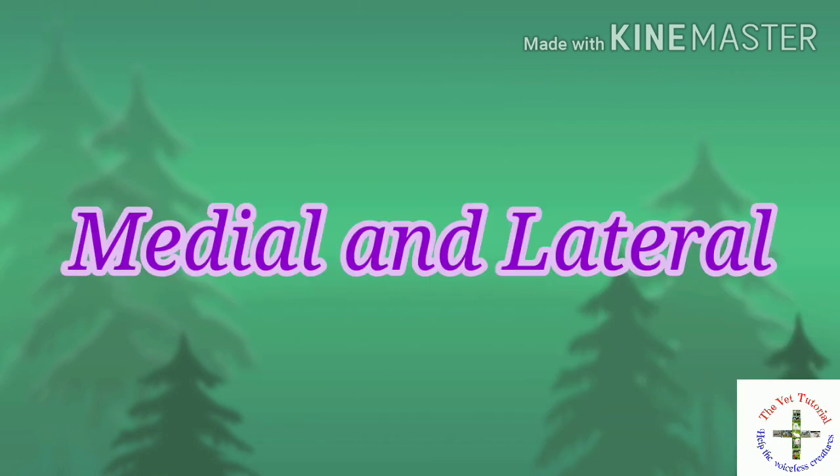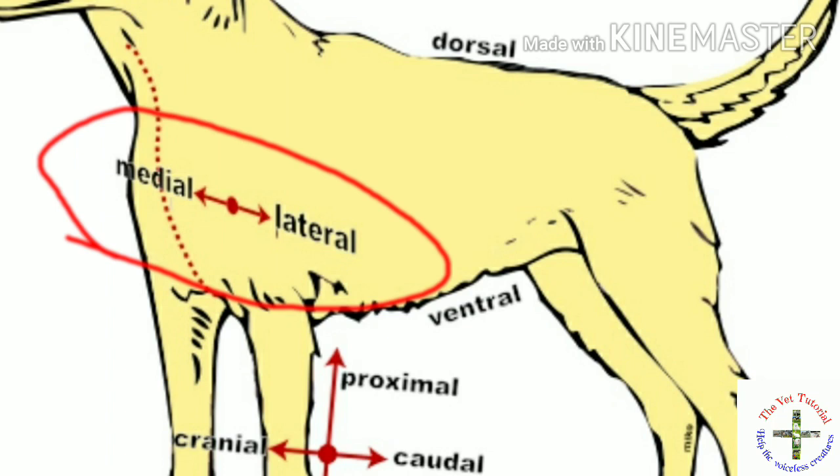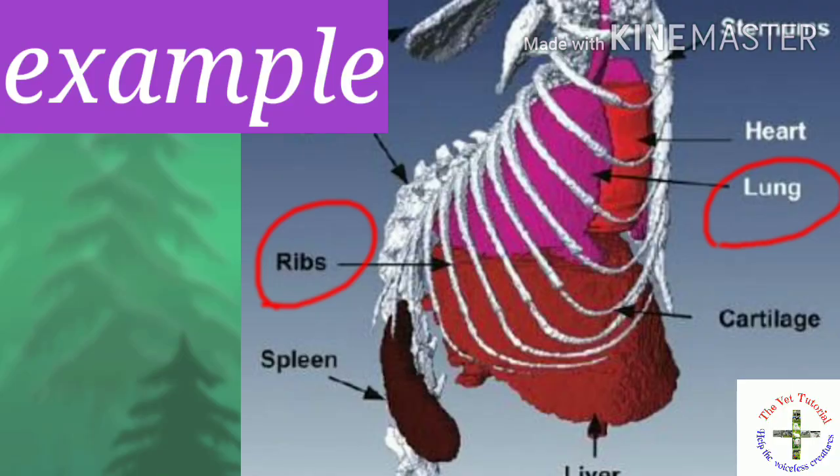Then the next is medial and lateral. Those structures which are nearer to the midline, or the medial plane, are known as medial, and those structures which are away from the midline or medial plane are known as lateral. For example, the ribs are lateral to the lungs, which is the example of lateral.